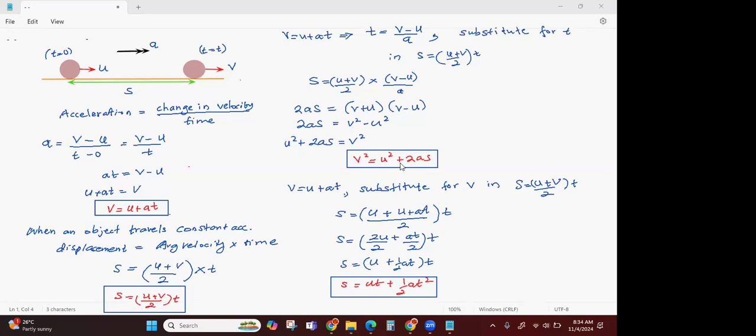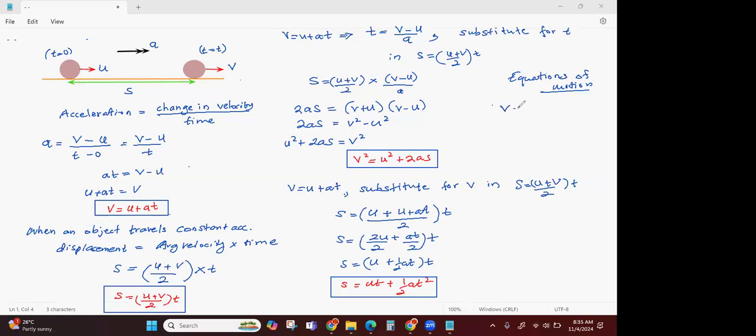Okay. So then as a summary, you can write equations of motion. And then we'll write all four equations at once.